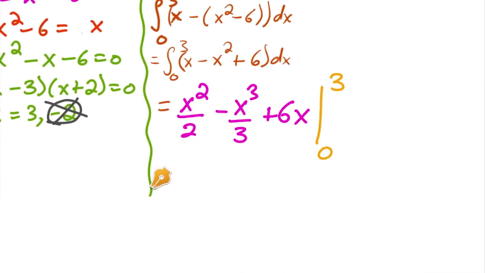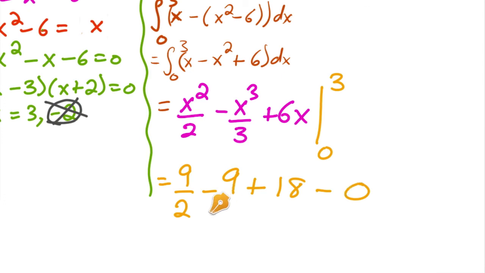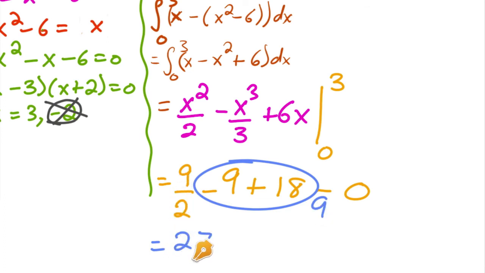So I get 3 squared, which is 9 over 2, minus 3 cubed, which is 27 over 3, that's the number 9, plus 3 times 6 is 18. And then minus just 0, because when I plug in 0, I just get 0. So then these two put together give me positive 9, and then plus 9 halves, that's just 27 halves.